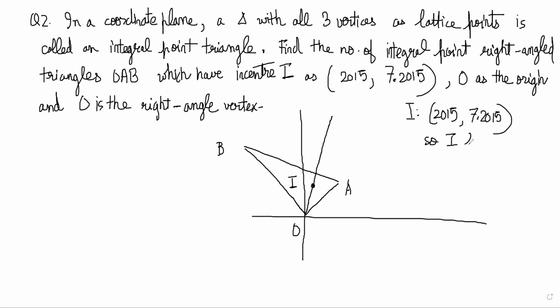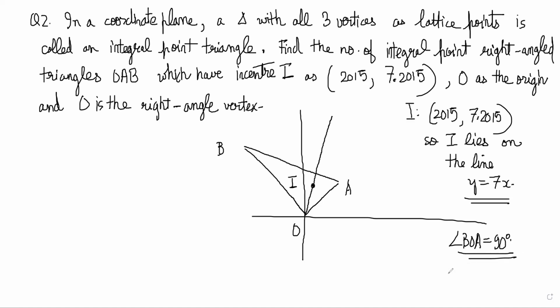So I lies on the line y is equal to 7x. That is obvious from the coordinate, right? And we know that angle BOA is equal to 90 degrees. We have to find the number of possible triangles which are lattice point or integral point triangles.